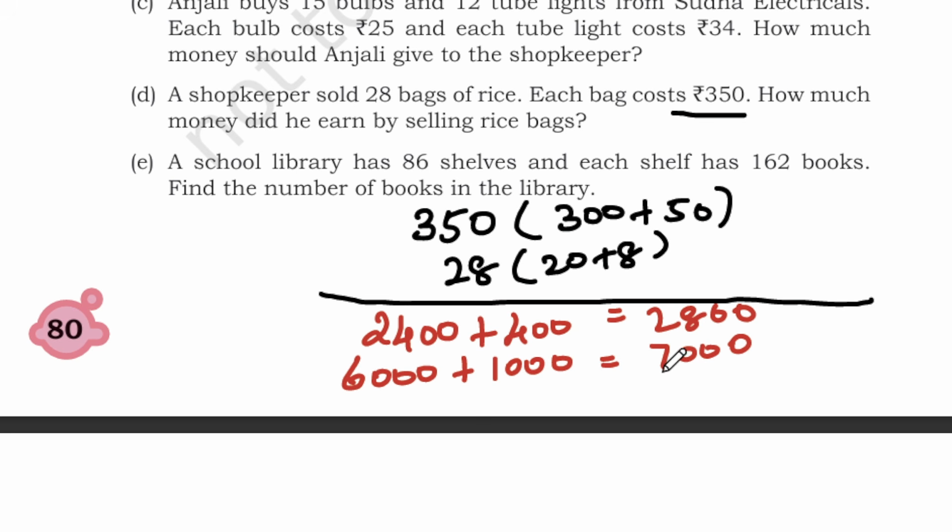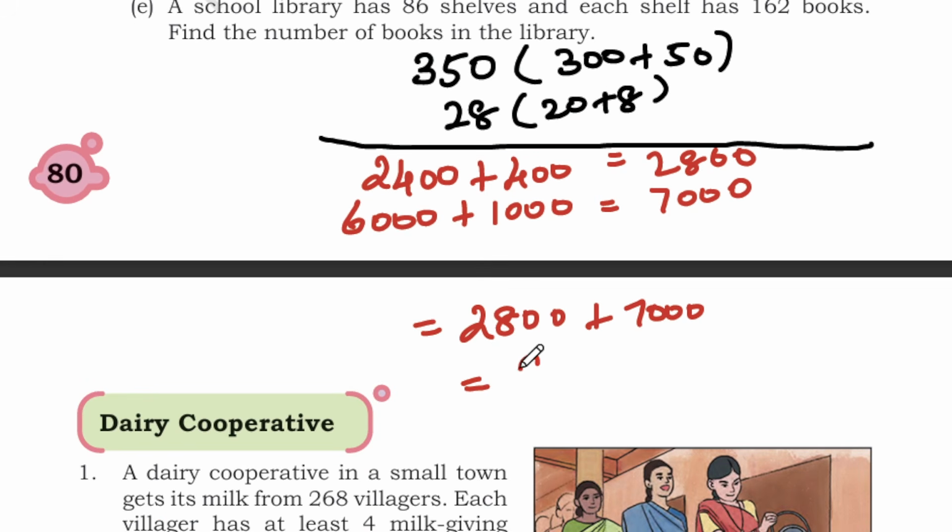So totally 2800 plus 7000 is equal to 9800.